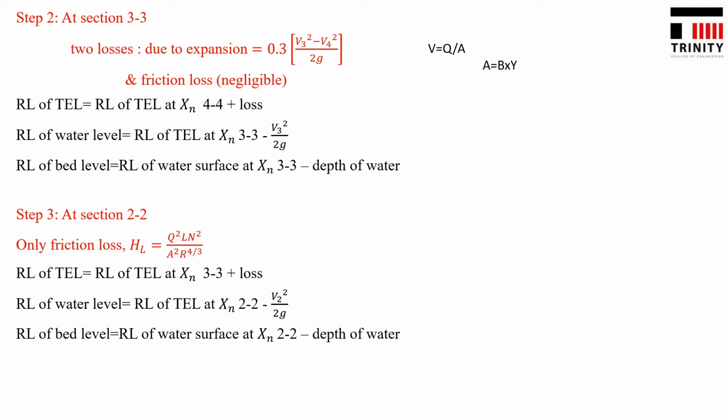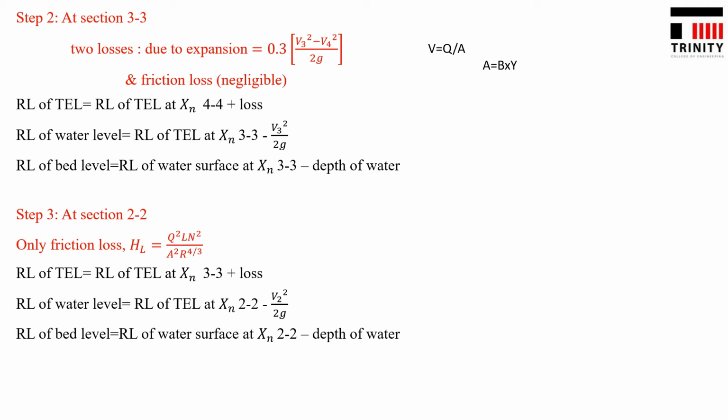That is equal to 0.3 into (V3 square minus V4 square) by 2g. Now, how to find the velocity V3? Velocity will be equal to Q by A, where Q is the canal discharge and area at section 3:3, which is a rectangular section. So flumed bed width into depth of water will give the area.